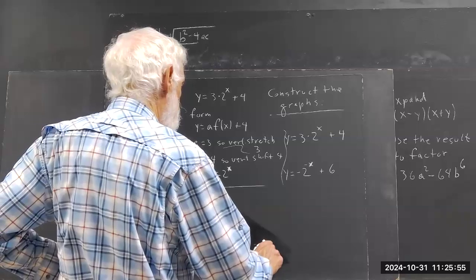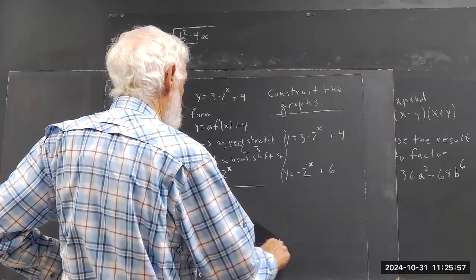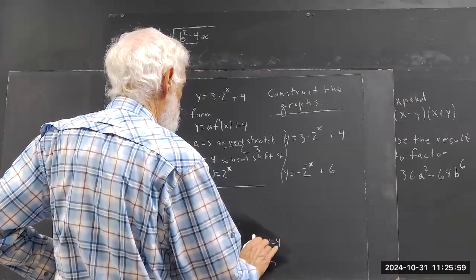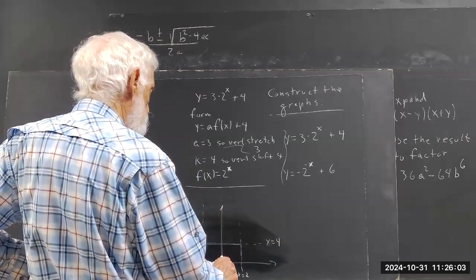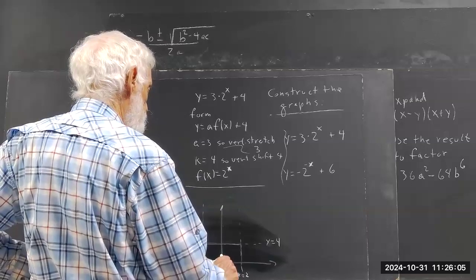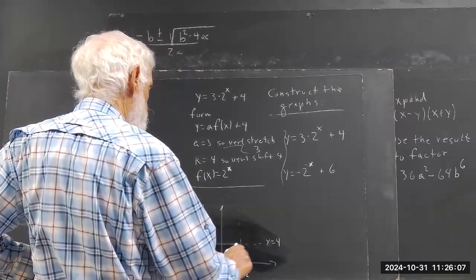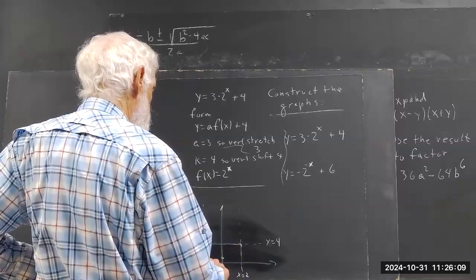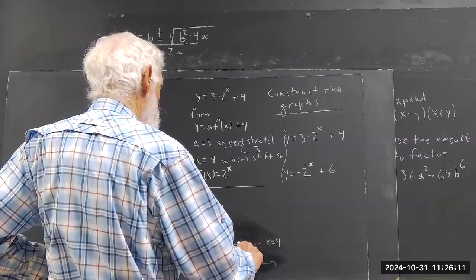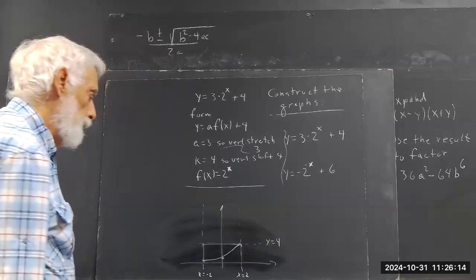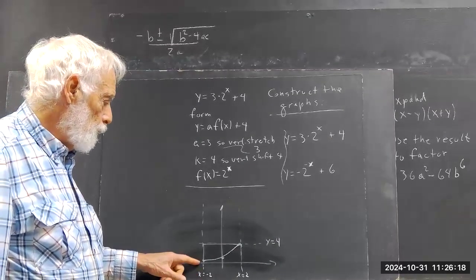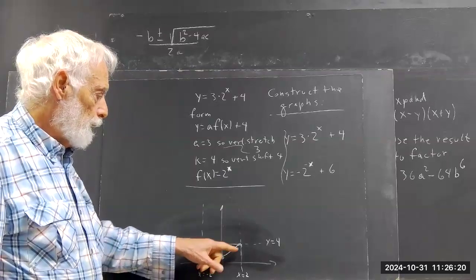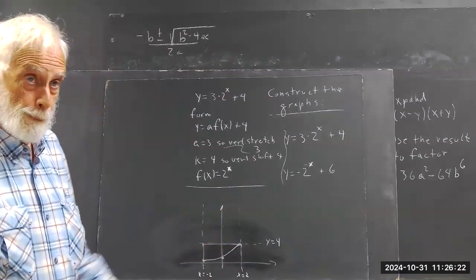This is the line y equals 4. So x equals 1 would occur about here. You can verify with a table that the graph goes through the points (-2, 1/4), (0, 1), and (2, 4).